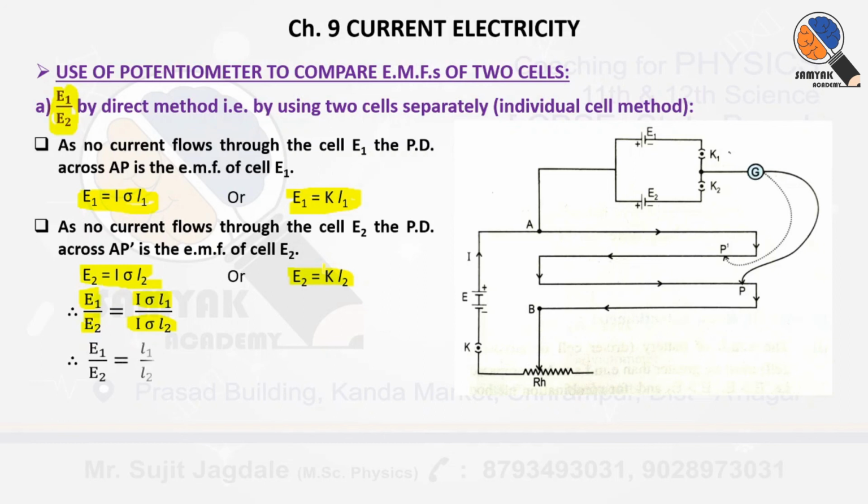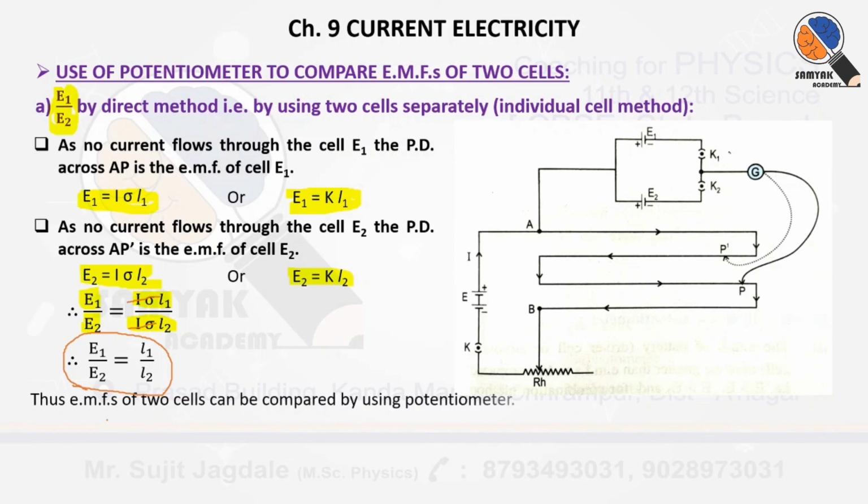And here I sigma are constant, so the constant terms in numerator and denominator are getting cancelled. So we got E1 upon E2 is equal to L1 upon L2, which is the required comparison of EMF of these two cells.